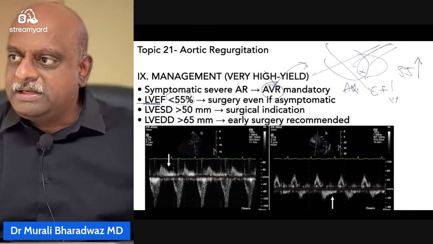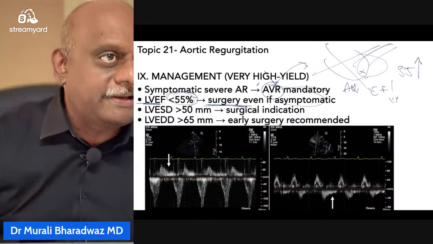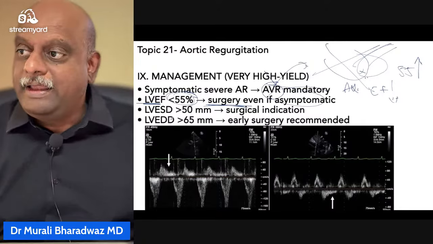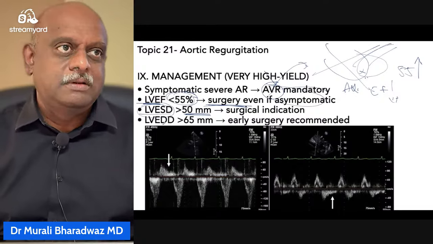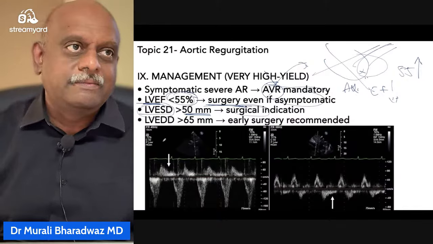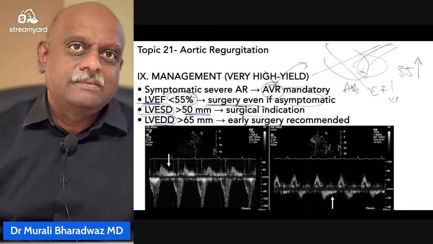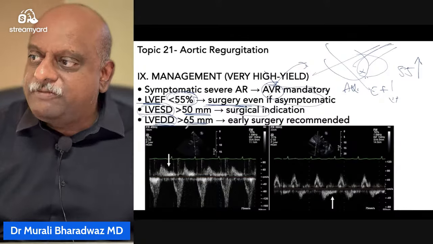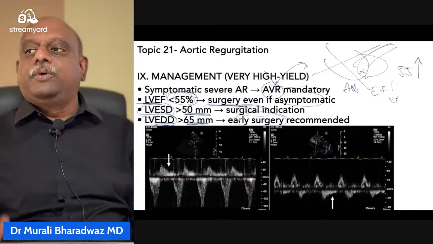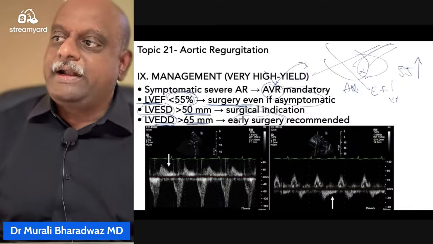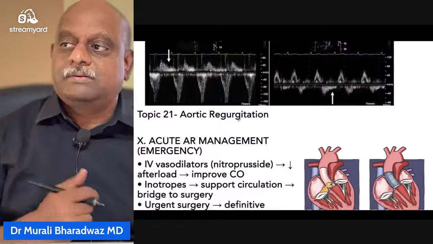But the moment it is less than 55%, surgery, even if the patient is asymptomatic, very important. Then LV end systolic diameter more than 50 mm is a surgical indication. LV end diastolic diameter more than 65 mm, that is also early surgery recommended. So these are a few values when it comes to clinical management of a patient of AR.